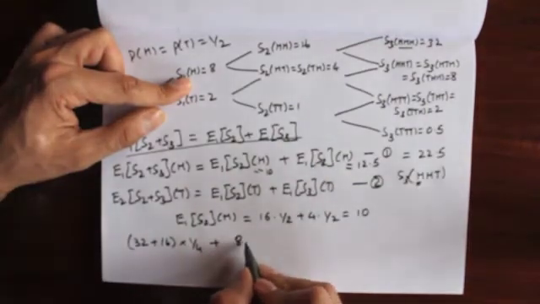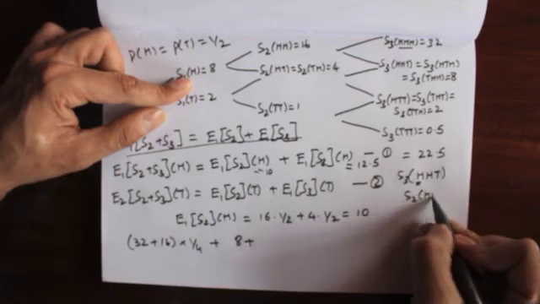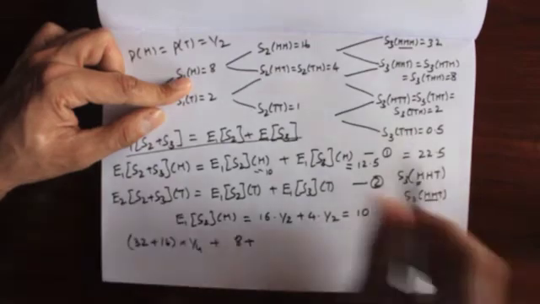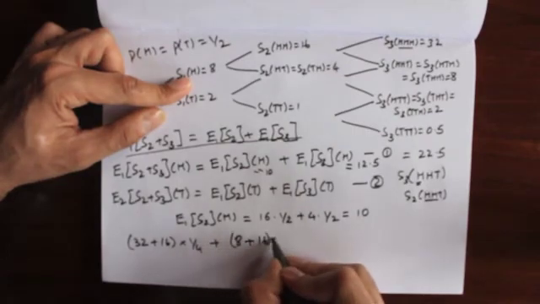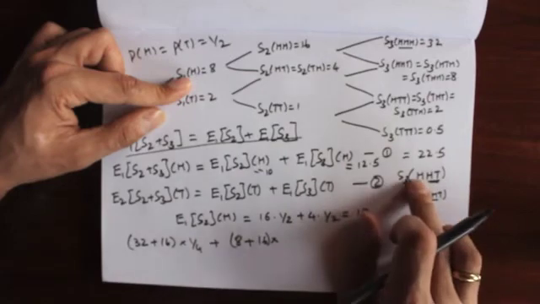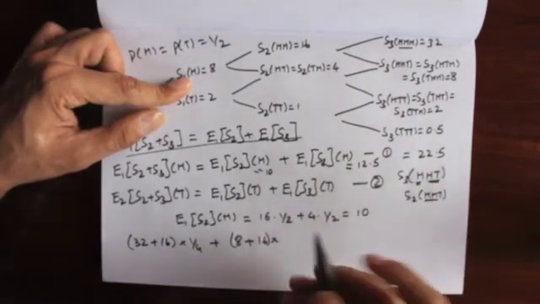So we write 8 plus, what is the value of S2 if it was head, head, tail? Well, S2 only depends on the first two coin tosses, so this is the same as S2 of head, head. S2 of head, head is 16, multiplied by the probability of getting a head, tail. Because we were already at a head, so we tossed two coins and we need to figure out the probability of a head, tail, which is 1 by 4.